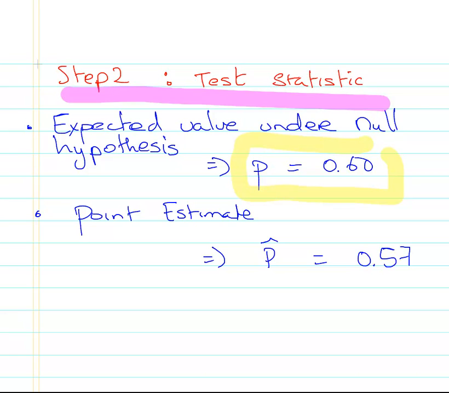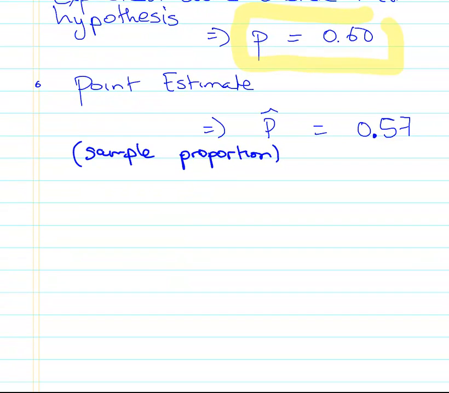But when we carried out our survey, we found 57% in favor of our 1,000 people. So this is the sample proportion, and we're going to use that in our test statistic, our observed difference. Just remark our sample size is 1,000. That's worth bearing in mind.